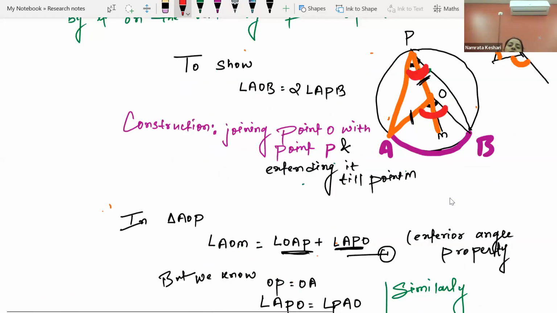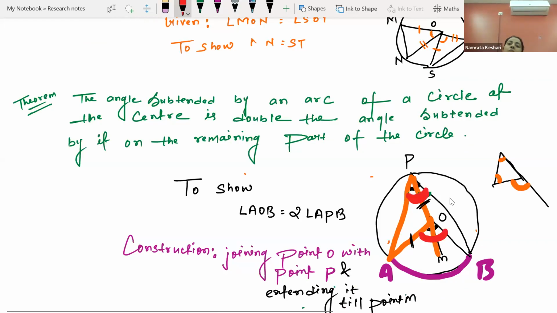तो ये जो थ्योरम है ये थोड़ा सा ध्यान में रखना कि हम एक्सटीरियर एंगल प्रॉपर्टी यूज करते हैं. Whatever the actual figure we are drawing, we join the point P on the circumference with the center, but we extend it. Why? So that we can use the exterior angle property of a triangle. That exterior angle is equal to the sum of the opposite interior angles.